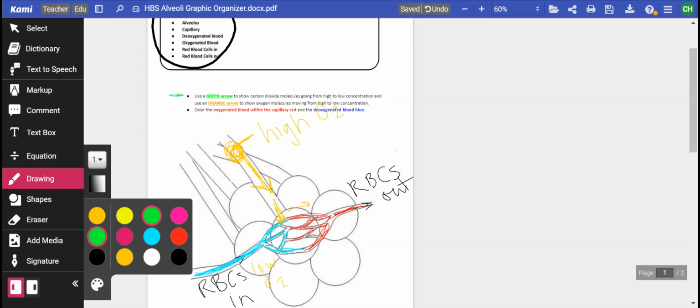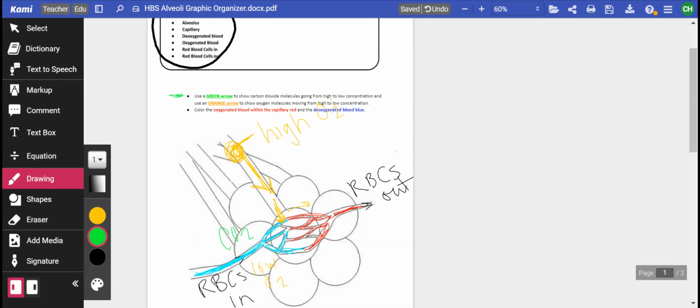So the opposite thing is going to happen with carbon dioxide. And you can see here is where it says to label that in green. Oxygen and carbon dioxide have an inverse relationship. So where we have a low amount of oxygen, we are going to have a high amount of CO2. And CO2 is bad for the blood because it makes the blood acidic. So we need to get it out, or else acidic blood can have so many different effects on the body.